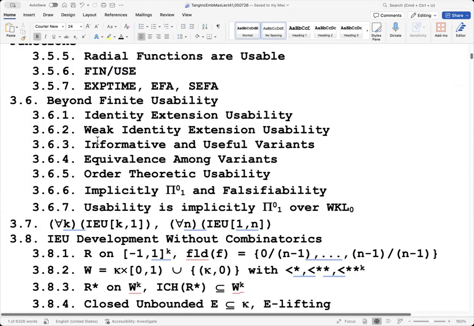Identity extension usability and weak identity extension usability. And those are very closely related. But this one is at the level of large cardinals. The first, 361, is at the level of large cardinals, and 362 is at the level of Zermelo's set theory.